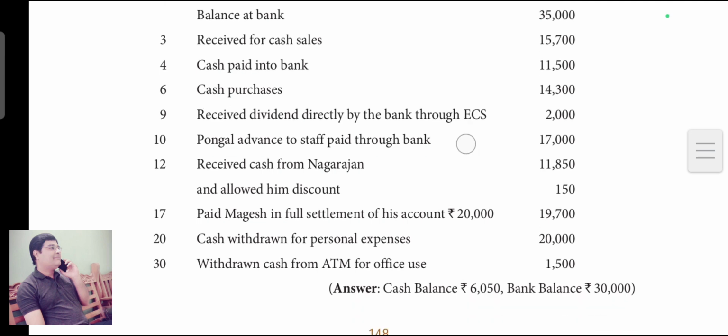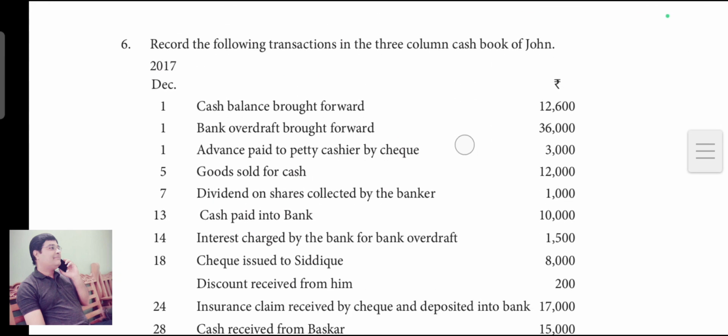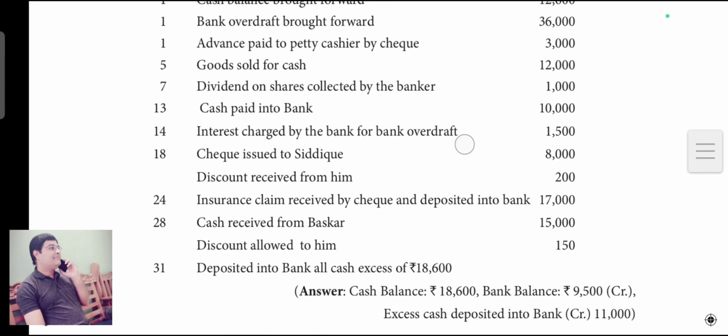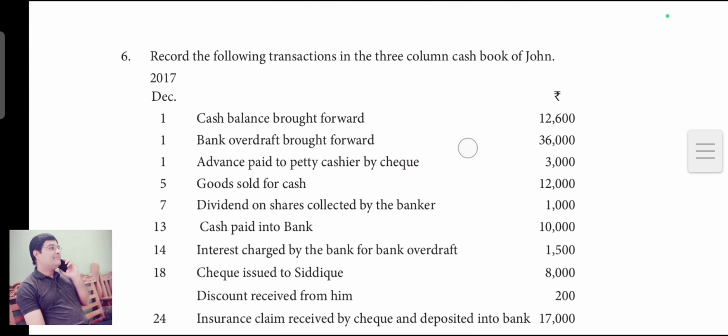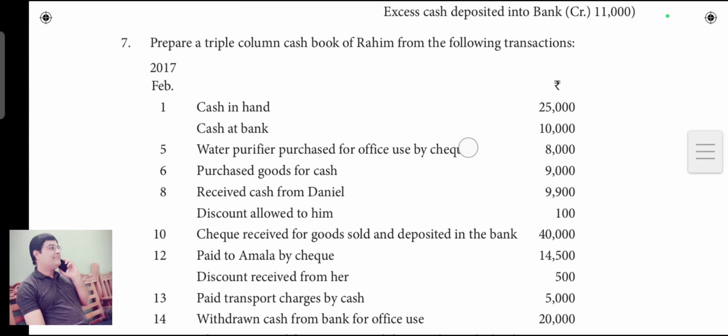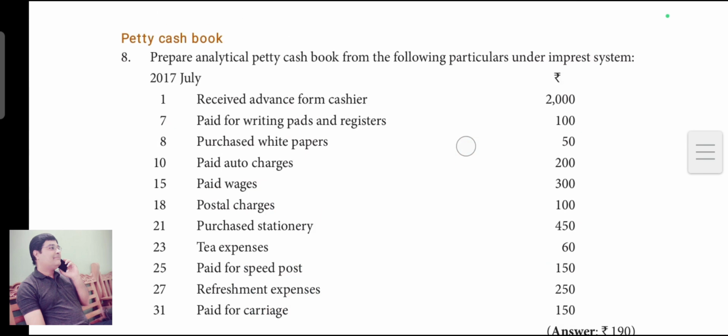In 3 column cash book, sum number 6 is very important. And then very important 5 mark petty cash book, sum number 8. Now move on to next chapter.